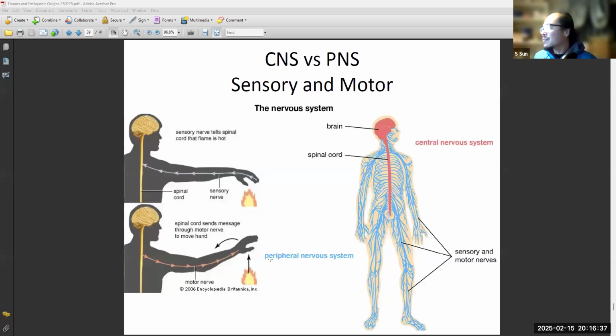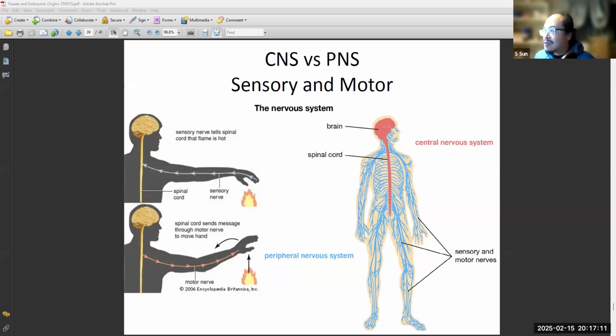And then the last part, last but not least, still very important, is the nervous system. The nervous system, or the nerve tissue, is the one that provides communication, and it basically can be seen in two categories. One is called the central nervous system. The other is called the peripheral nervous system. The central nervous system includes the brain and the spinal cord.